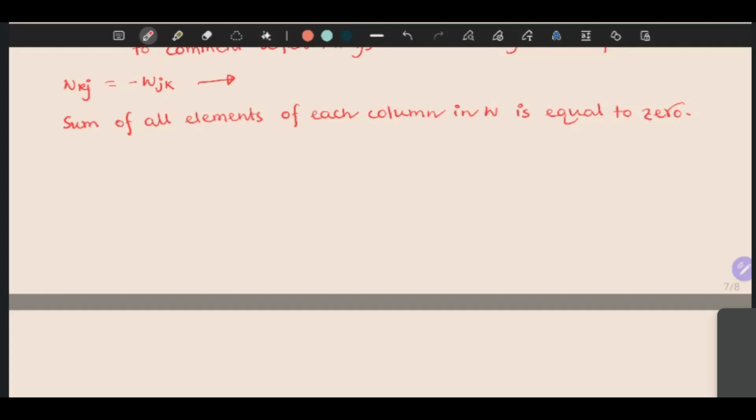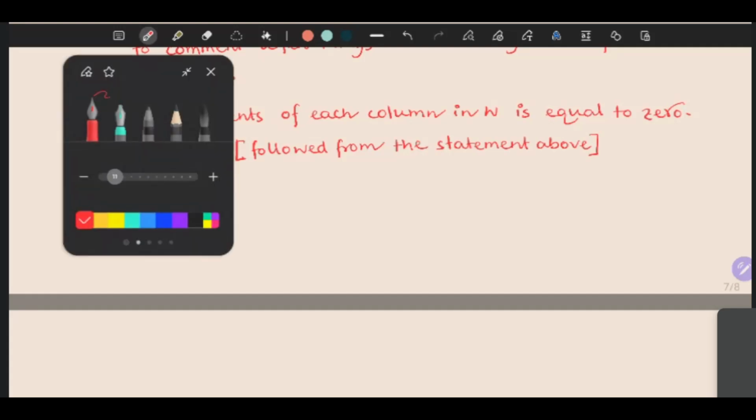So if the elements of one column sum to 0, that actually says the determinant of W is equal to 0, followed from the statement above.